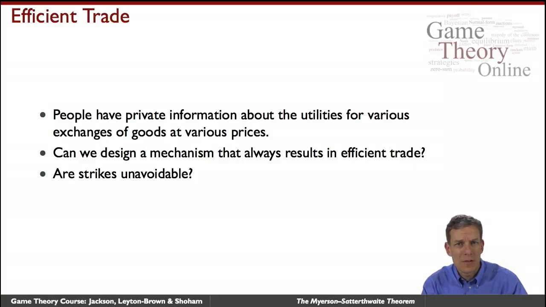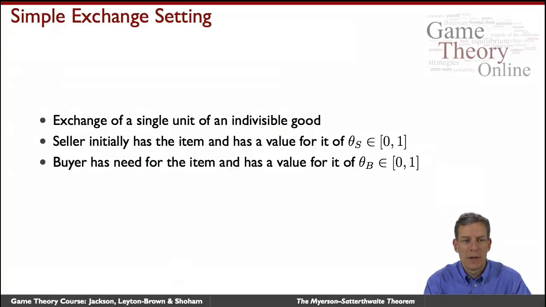And even in that simple trade setting, we're going to see that there are difficulties in getting efficient trade out. That is really a very important and fundamental result that comes out of game theory and mechanism design in terms of understanding why it is that we have breakdown in bargaining, why it is that we don't always get efficient outcomes. This is really a fundamental insight that came out of this area.